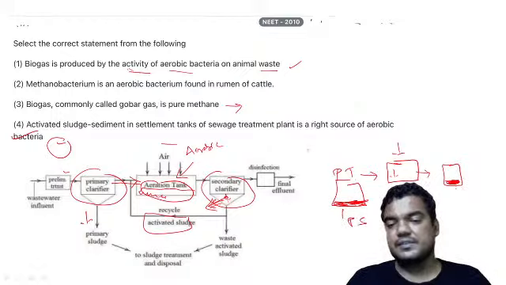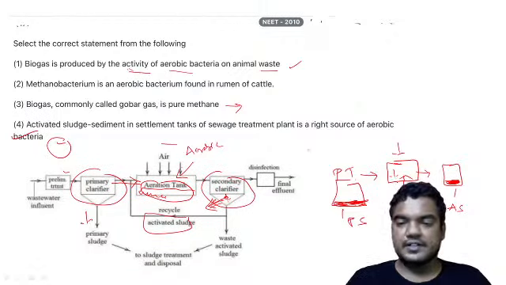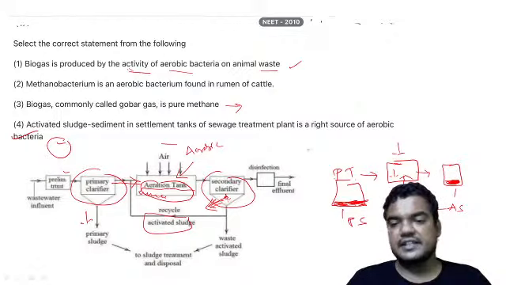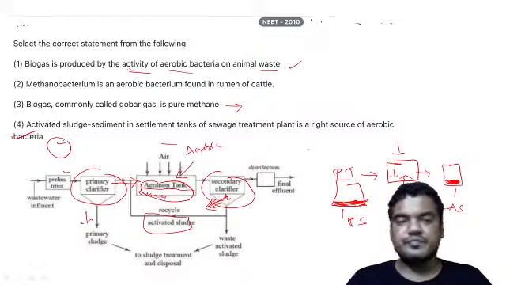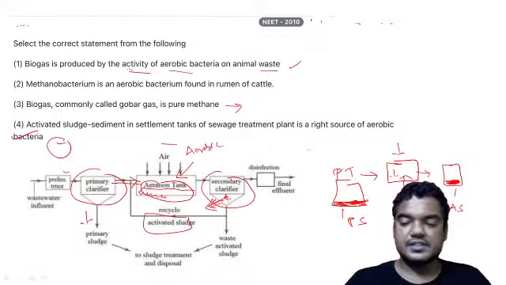And here we see the formation of activated sludge, and this activated sludge contains a larger amount of microbes. These microbes are further used as the inoculum for removing the organic matter from the aeration tank. So this is about this question.